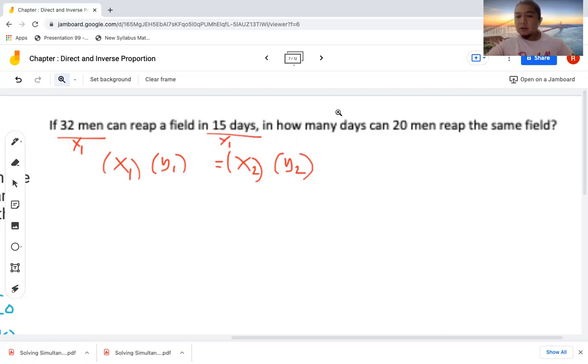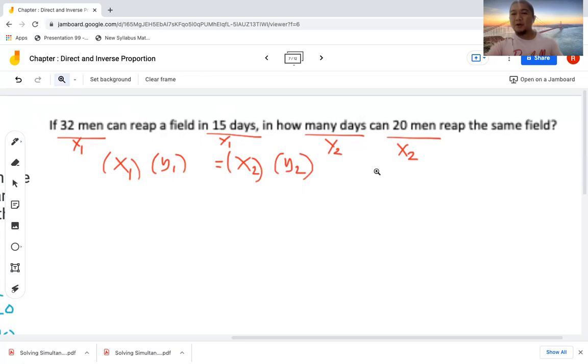Continuing to the next statement, these 20 men will now represent x sub 2. And if we're looking for the number of days, then the missing value we need to look for is y sub 2.